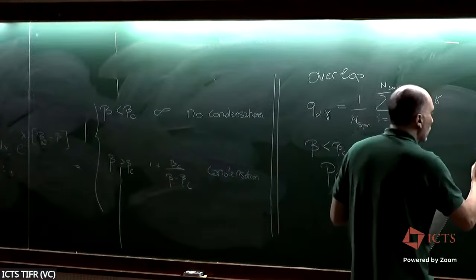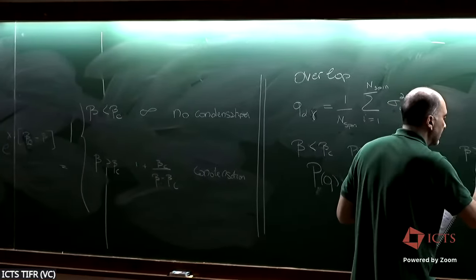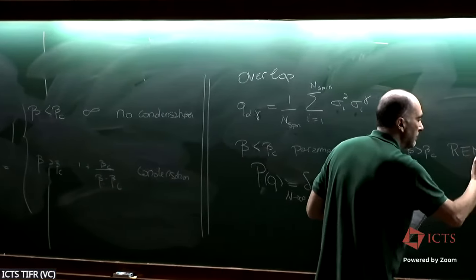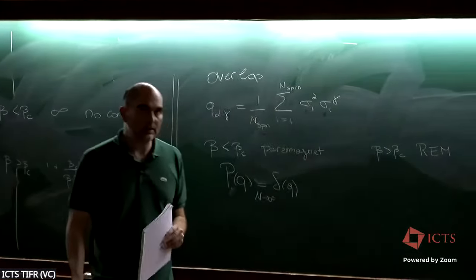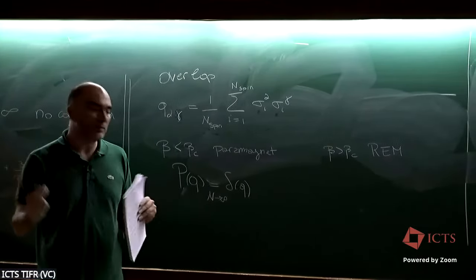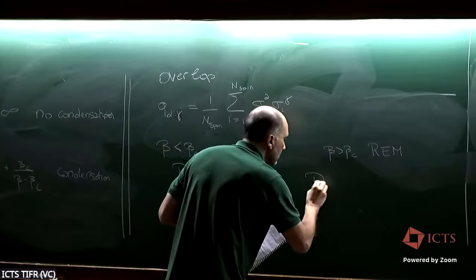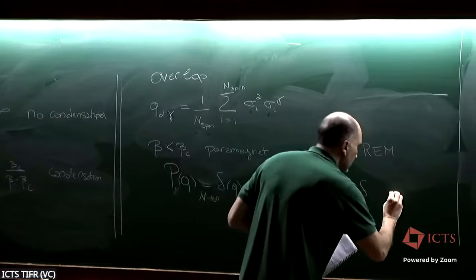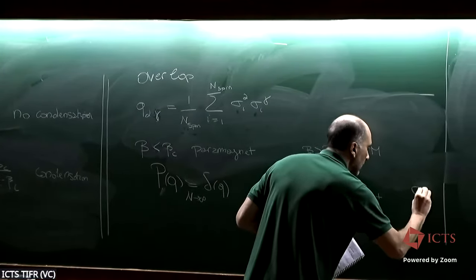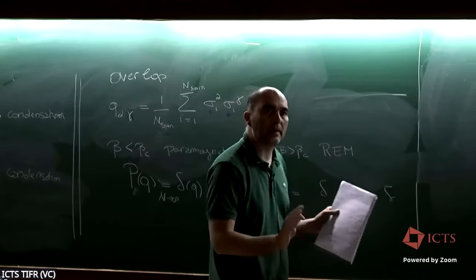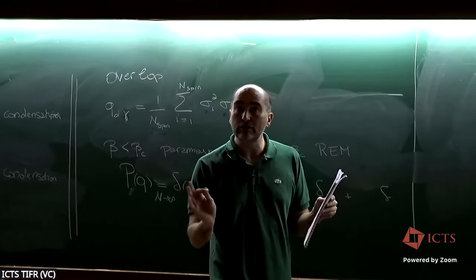Now, for beta bigger than beta c, okay, first I give you the result of the REM. I didn't show that, okay? But we know that there is a finite probability to pick again the same configuration. So there is this ansatz, which is correct. You have 2 delta peaks. This is the ansatz, okay? And the weight and the position of the 2 delta peaks can depend on the model, okay?